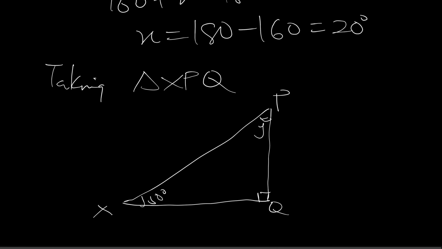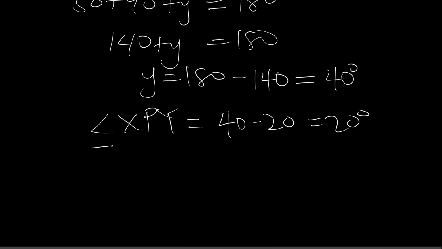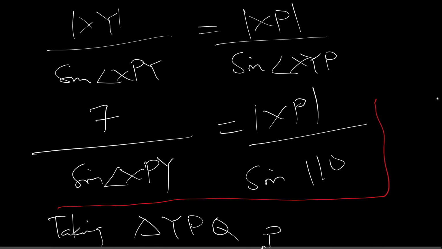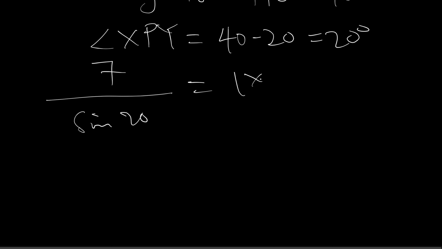So then from here, we have 7 divided by the sine of XPY, which is 20, so sine 20, is equal to the length of XP divided by sine 110.